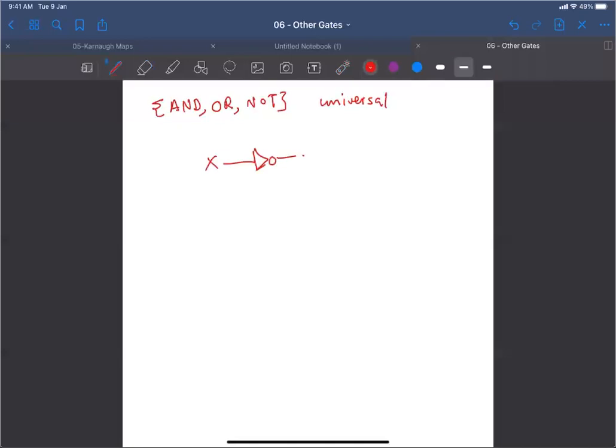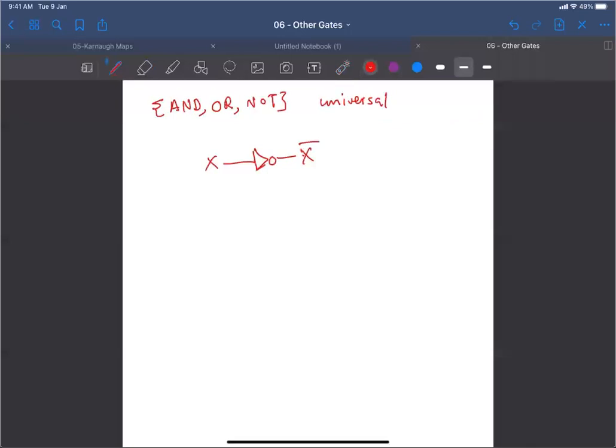If I want X invert, which is the complement of X, I cannot do that with AND and OR. I have to have the NOT operation.